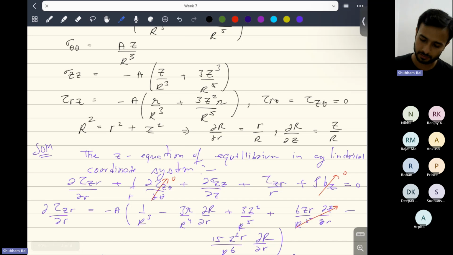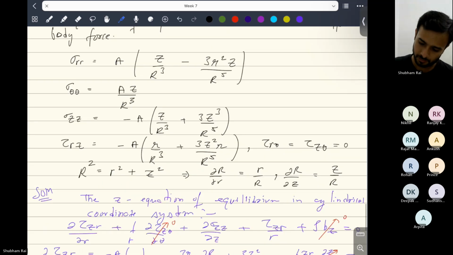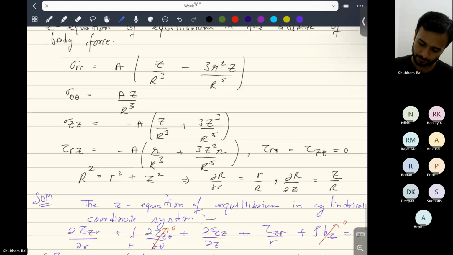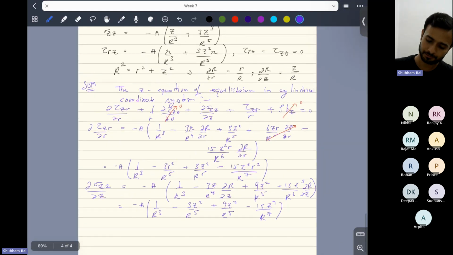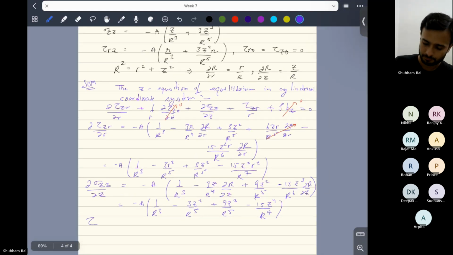And we divide it by small r. So if I write tau zr by r, that means minus a over 1 over r cube plus 3z square over r5.